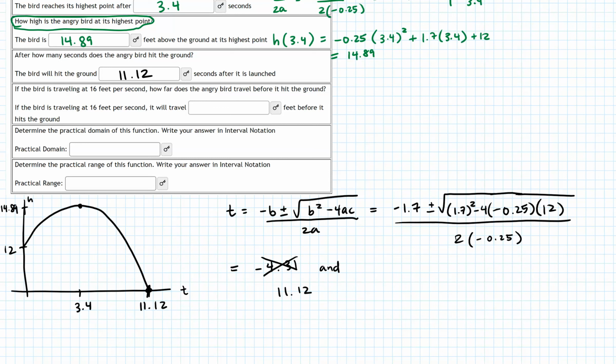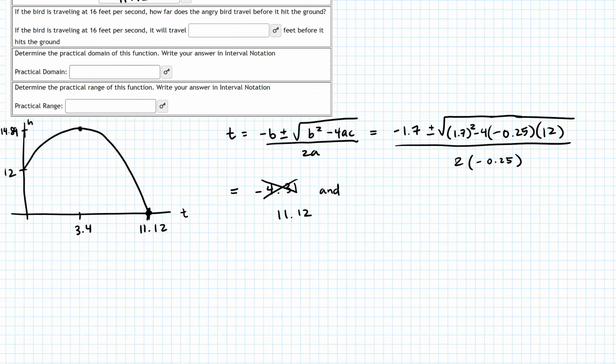The next question says, if the bird is traveling at 16 feet per second, how far does the angry bird travel before it hits the ground? If the bird is traveling at 16 feet per second, it will travel blank amount of feet before it hits the ground. So the way that we're going to calculate this one, well, first of all, let me fill in that this is 11.12 seconds. And we know that the bird is traveling at a speed of 16 feet per second. So if I multiply 11.12 seconds by 16 feet per 1 second, these seconds will cancel out.